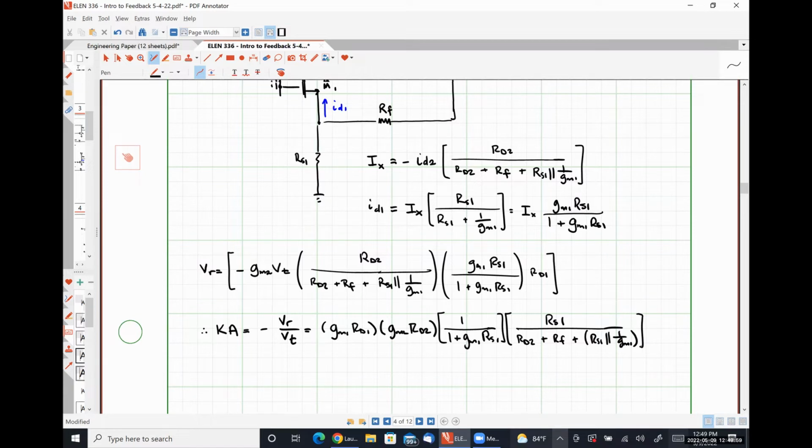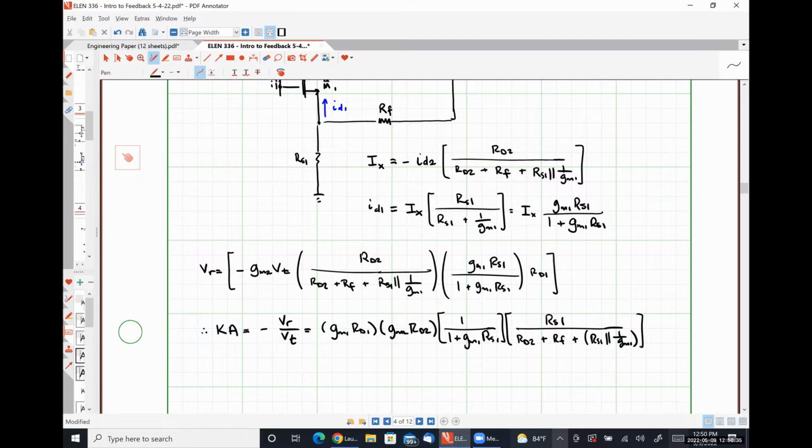And I wrote it that way specifically because it stands to reason here, this GM1 RD1 and this GM2 RD2, that just represents the gain of both of the stages that were cascoded together. All of this stuff over here then represents the actual feedback parameter of the system when we aren't simply treating it as an ideal amplifier.